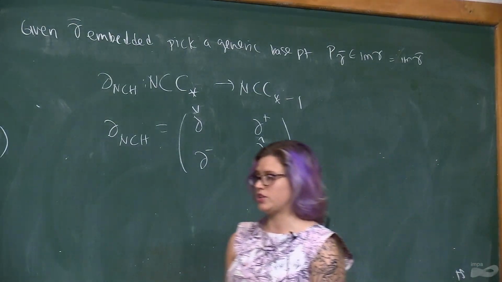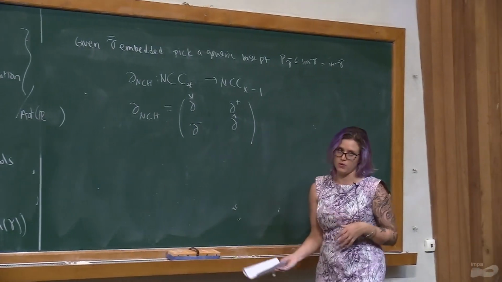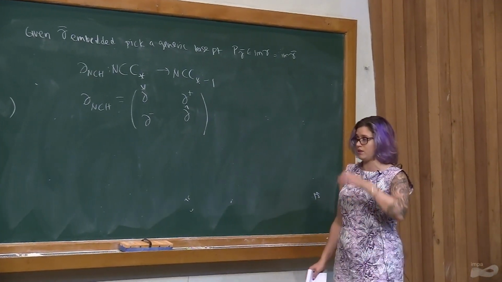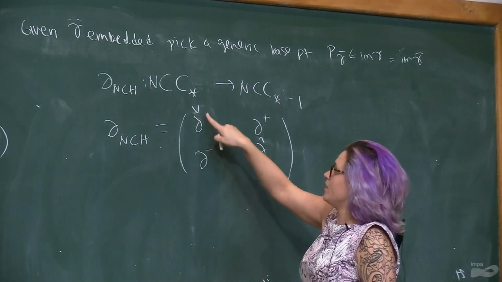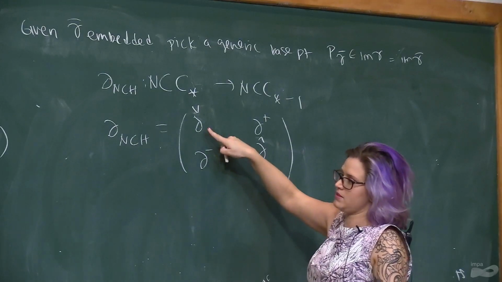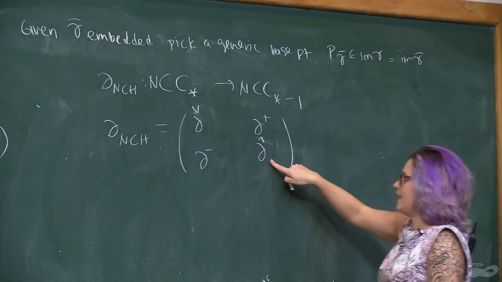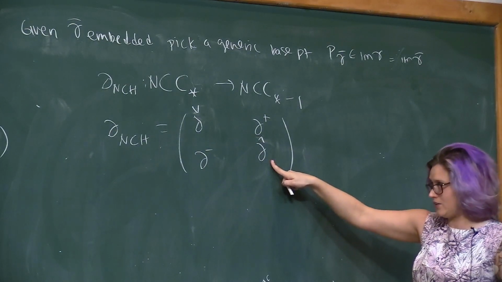Okay. So what you want to do is kind of think you have some differential. The hat and the check, depending on where they appear, if they're the input or the output, will correspond to if you have point constraints or not. And so D check is going to eat a checked Reeb orbit and spit out a checked Reeb orbit. D hat will eat a hatted Reeb orbit, spit out a hatted Reeb orbit.